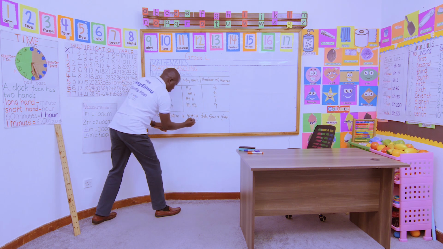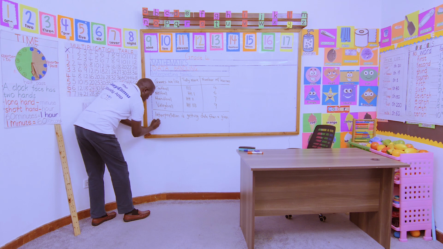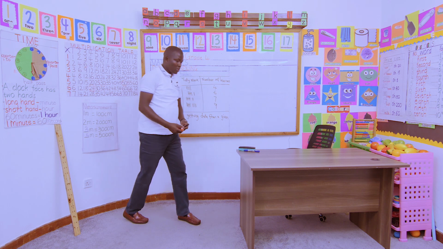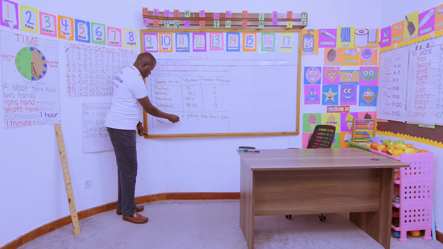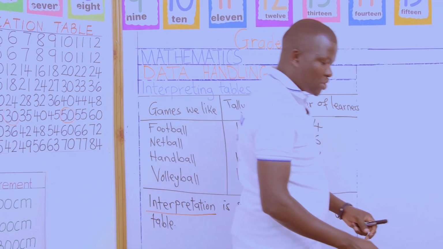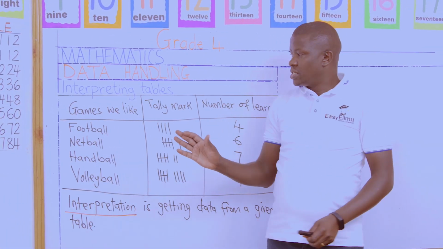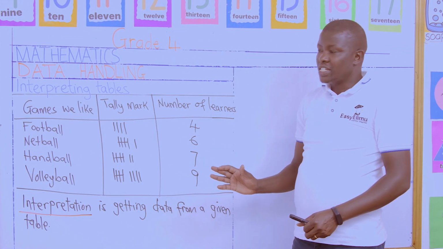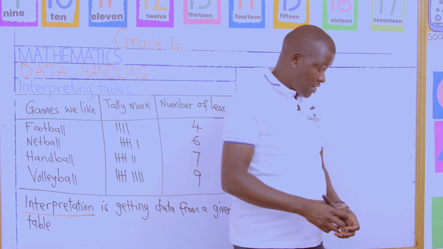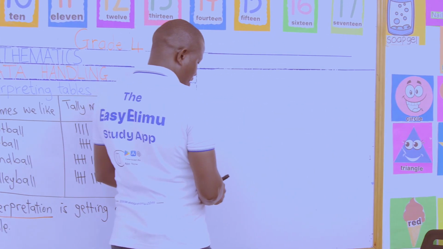When you try to get data from a given table, you are doing interpretation. So simply, interpretation is getting that data. Now, can we try to get data from this table? And we will interpret it using the following questions.